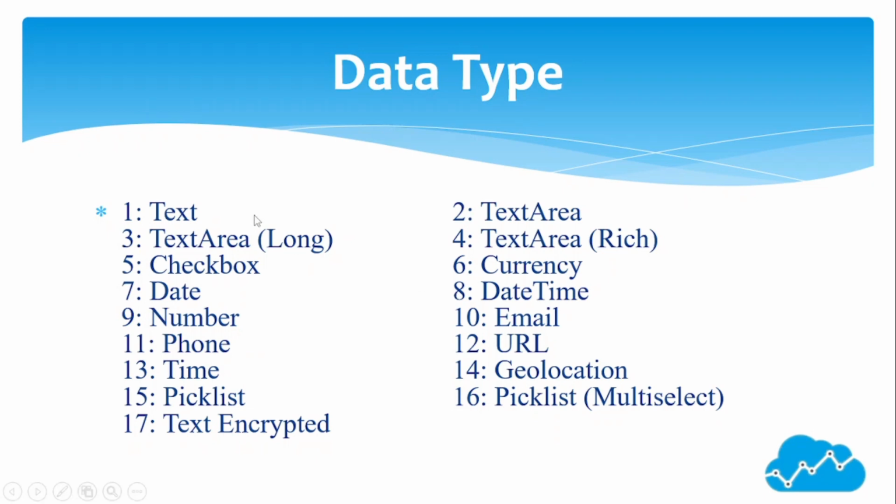Some common ones are text, text area long, text area rich, checkbox, currency, date, date time, number, email, phone, URL, time, geolocation, picklist multi-select, text encrypted, and some more. Some relationships are also there. We'll see them one by one in our coming sessions.